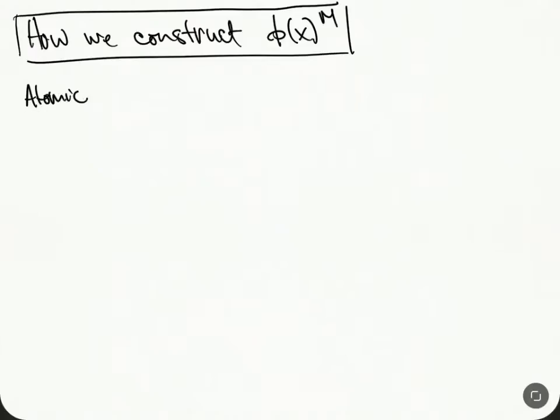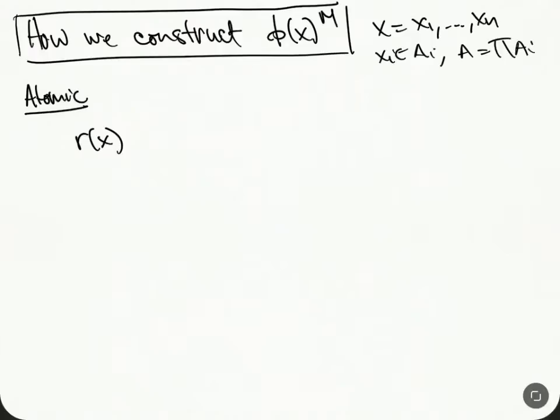So remember that. So if phi is atomic, then it has the okay. So like we could take a relation here. So this is an atomic formula in context. Again, x is x1 to xn. Xi's are in AI. And this A is this big product of all these AIs. That's the notation for this. These are really about sorts, okay? And so the relation here, so this is the atomic thing.